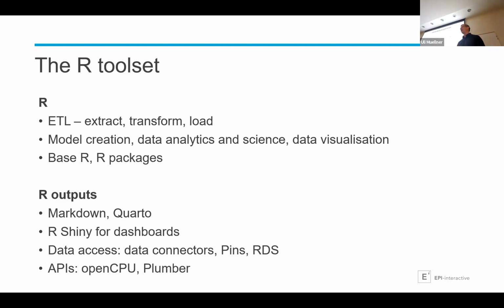There's a wide range of data connectors available, from scraping on the web to things like pins, a quite useful package for data objects you can then share with different outputs you're using, or RDS, the typical R data format, a binary format, so they can quickly load data and consume it, for example, in a Shiny app.